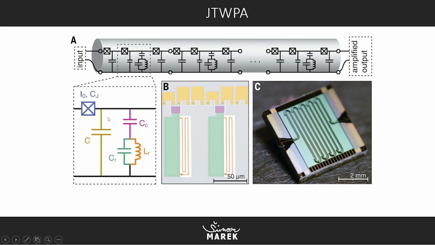There is one big shunt capacitor, and there is a coupling capacitor for the resonator, and there is a resonator or resonance inductor and a resonant capacitor. By adjusting these values of the resonator, resonance capacitor, and inductor, we will get a different frequency.